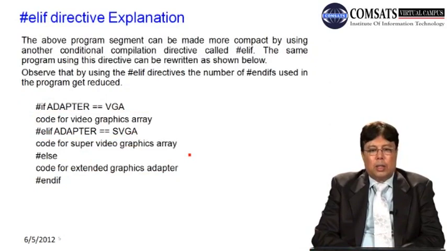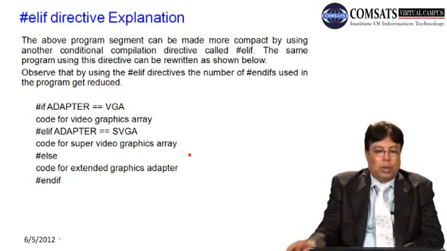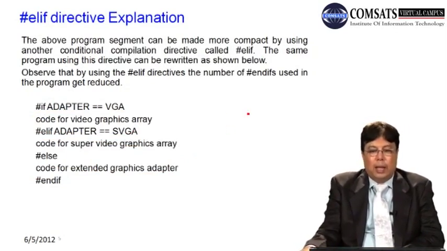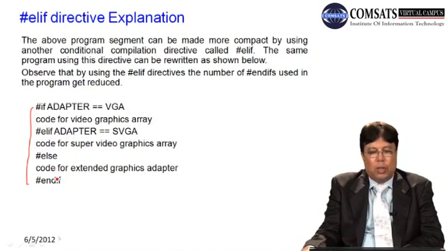So we can repeat that with the else if directive expansion also. With if we can also have else if, and then you can see that the code becomes even more compact. Now we can see that if adapter is VGA, then this code, else if adapter is SVGA, the code is this one, else the code is this one.